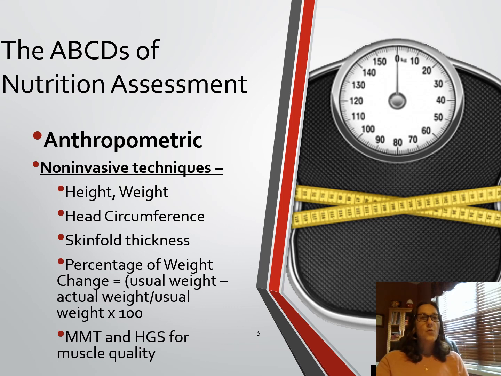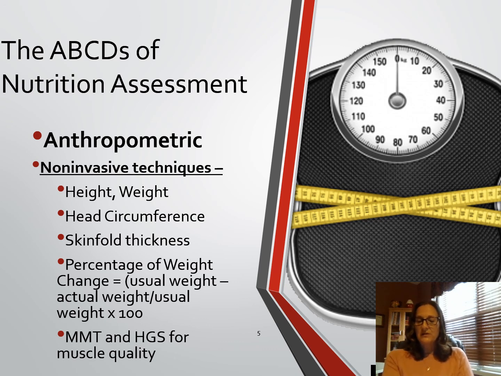There is a four-prong approach to assess the nutrition needs of patients. We look at it through an acronym of ABCD. A standing for anthropometrics, B biochemical data, C clinical, and D dietary assessment.